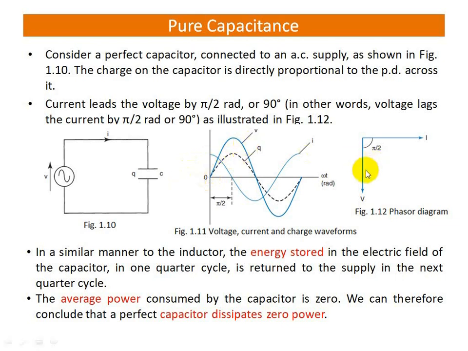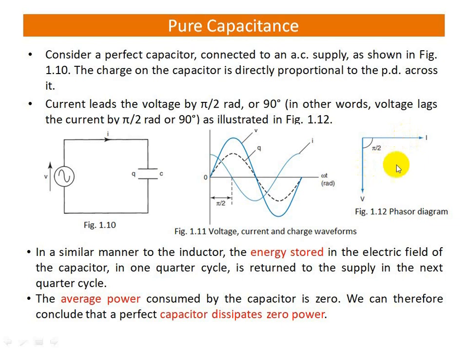This is shown in the phasor diagram. If you take voltage as reference, this current makes an angle of 90 degrees in the counterclockwise direction. Therefore, current leads the voltage by 90 degrees.